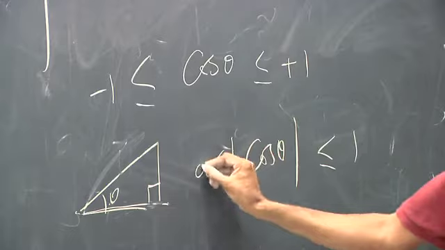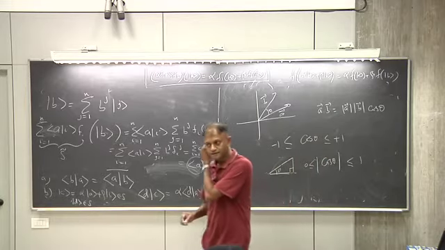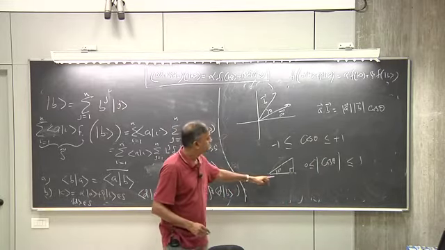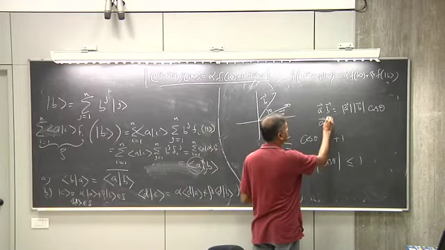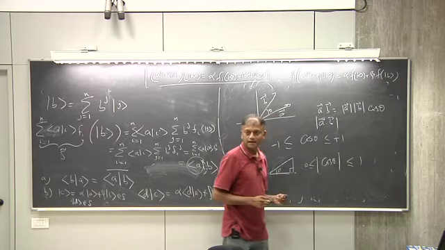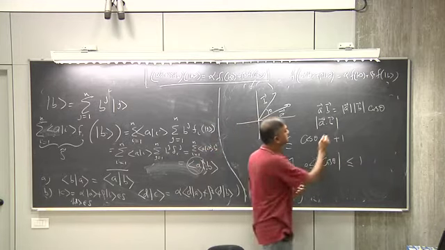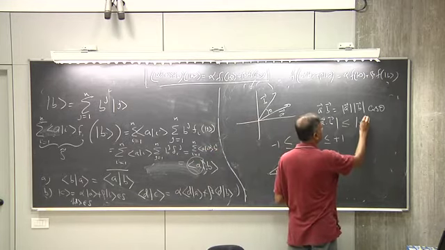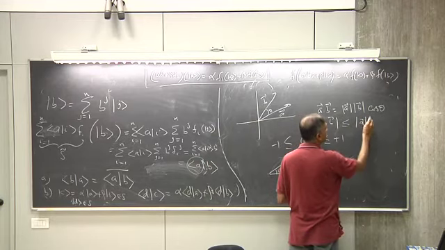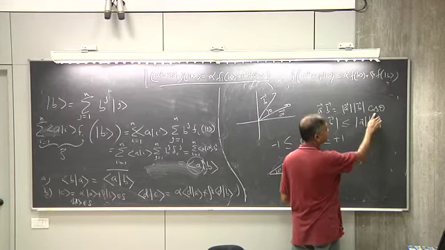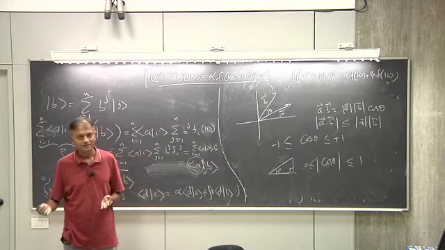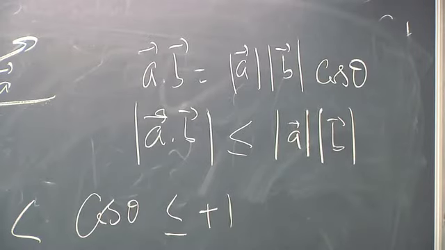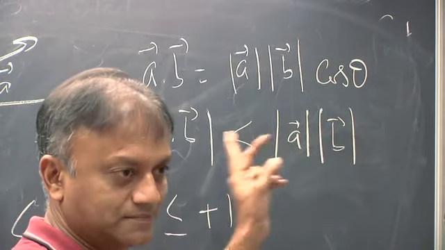As a result, what this is saying is that if I take the magnitude of A dot B, then that's going to be less than or equal to the length of A times the length of B, because the magnitude of cosine theta is always less than or equal to 1. So this is a very important inequality.